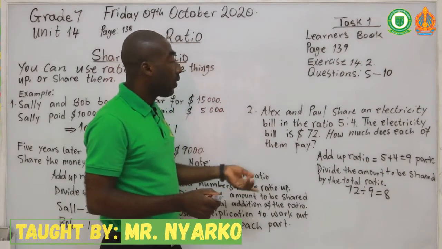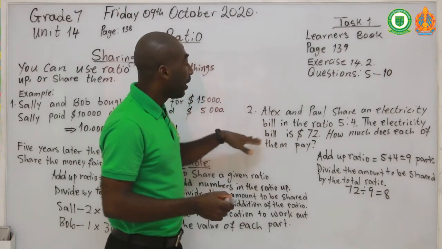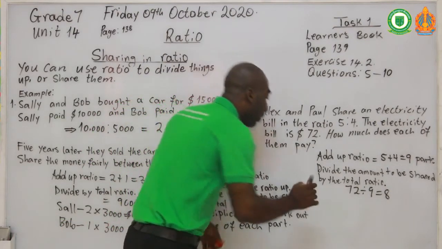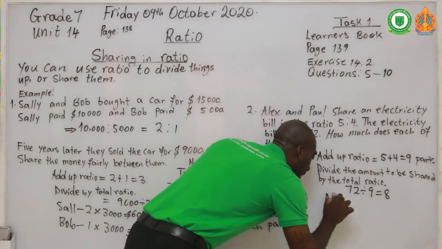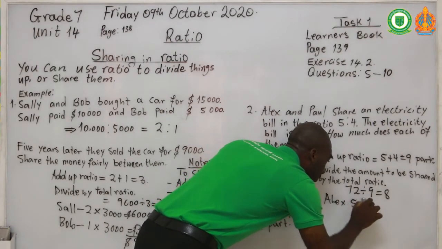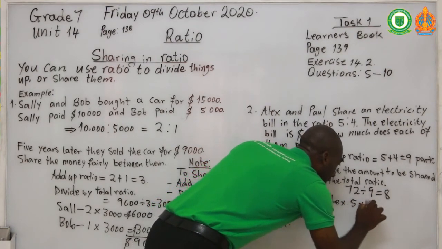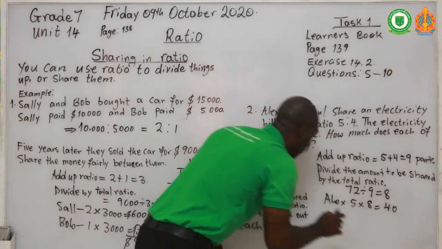So once we know that each point represents 8, now what we have to do is find how much Alex needs to pay. So Alex's point is 5, and we're going to multiply that with 8, and that will give us 40.